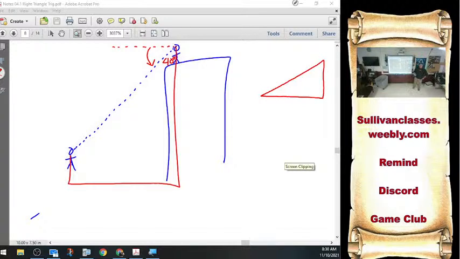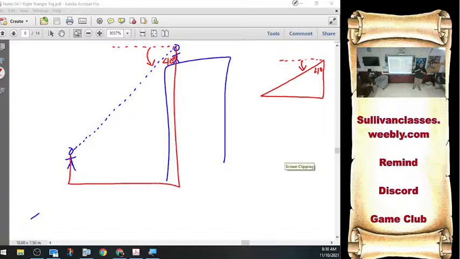And then they say an angle of depression of 40 degrees, and they throw it right here. No, angle of depression is right here. Angle of elevation is the amount that you look up.